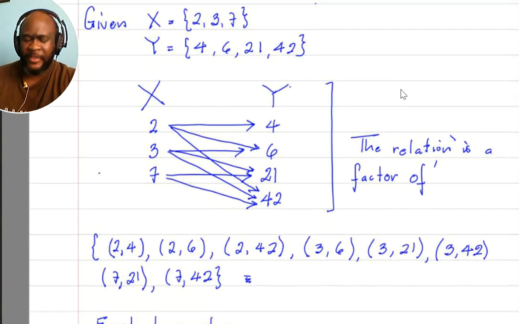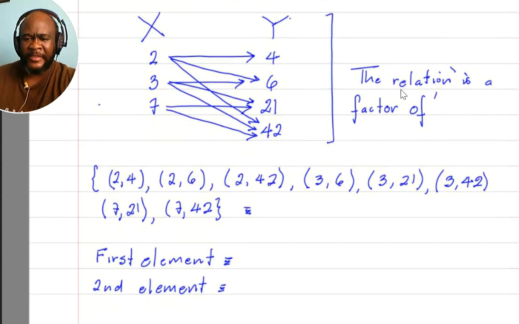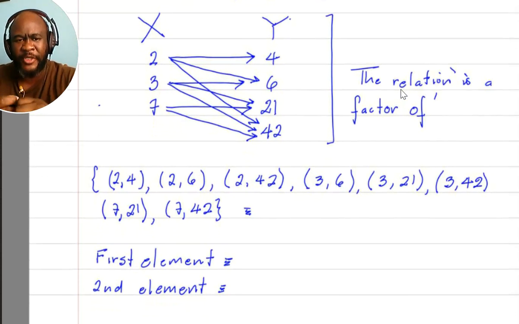All right, below that, what we have is a set of ordered pairs of the same relation, corresponding values of X and Y from the relation "is a factor of." 2 is mapped to 4, 6, and 42. 3 is mapped to 6, 21, and 42. 7 is mapped to 21 and 42.